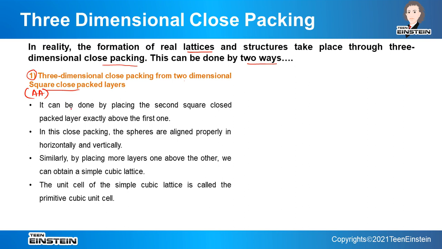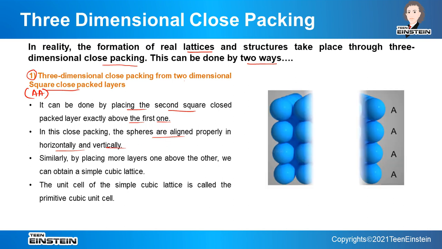So how can we do it? It can be done by placing the second square closed packed layer exactly above the first one. And in this closed packing, the spheres are aligned properly horizontally and vertically. Okay, so look at this picture.